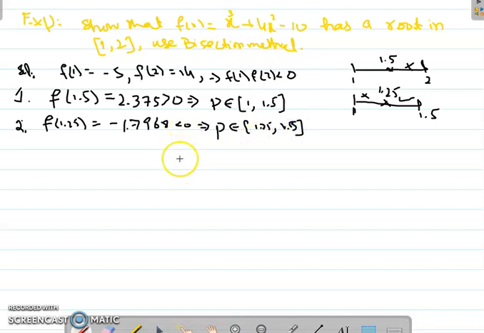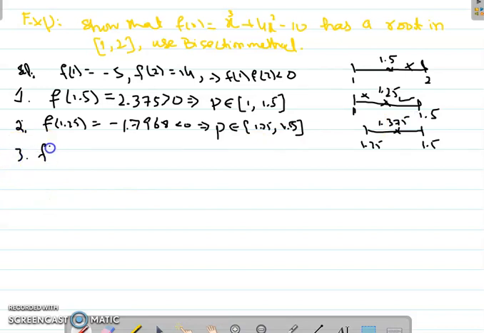And for the next iteration we will find the middle point of 1.25 and 1.5, which is 1.375.